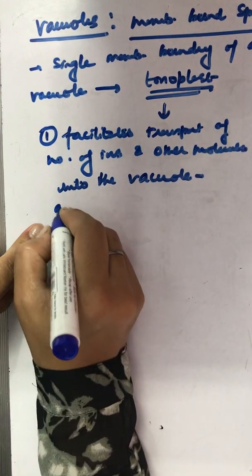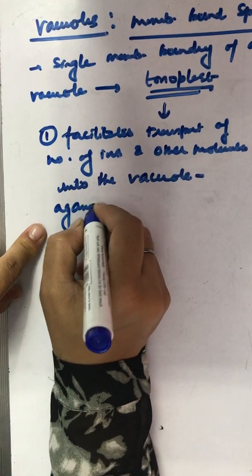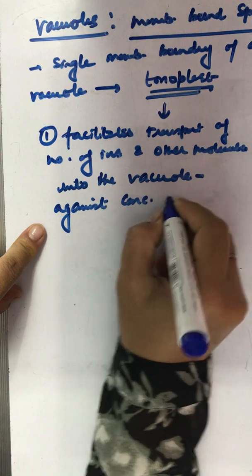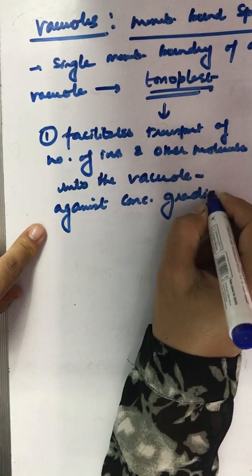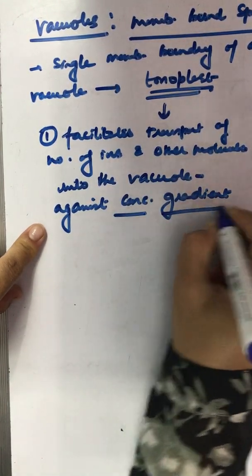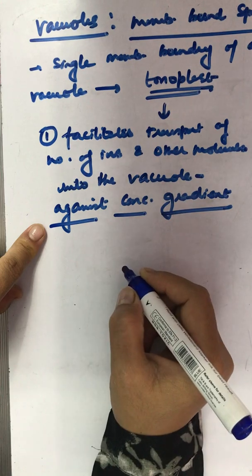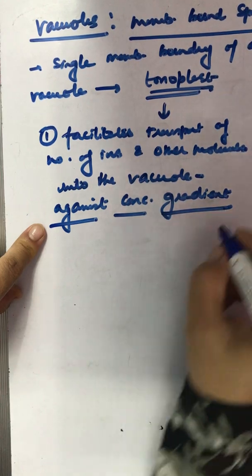When? Against concentration gradient. That means it utilizes energy that is in the form of ATP. Why?